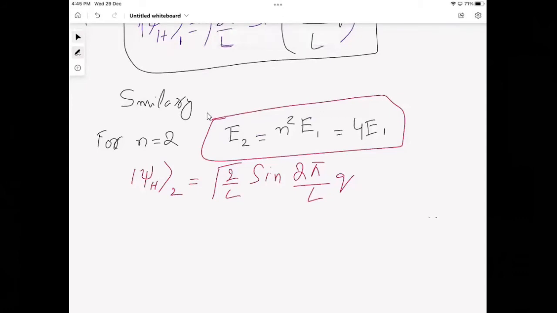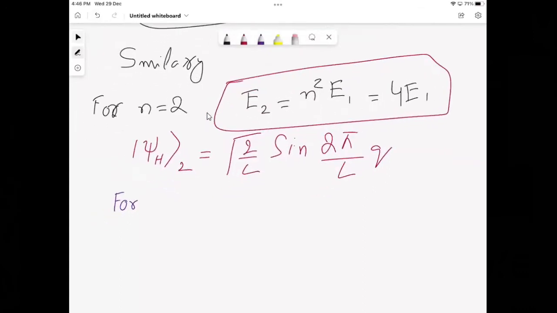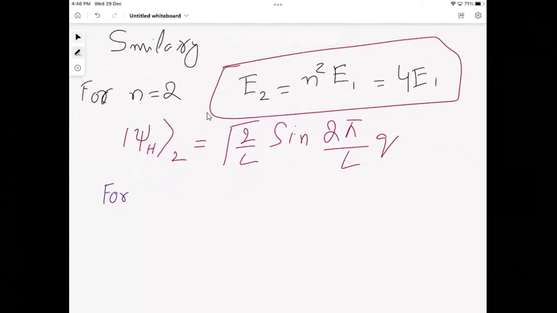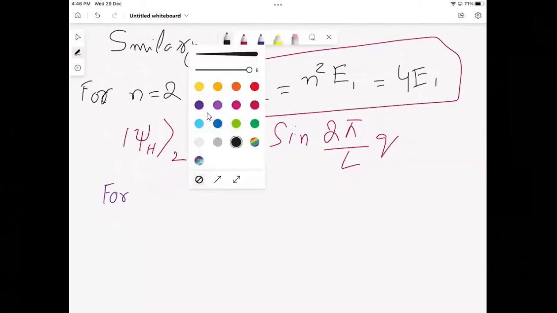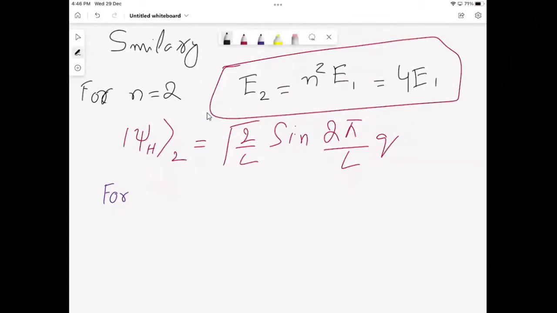For n equal to 3, what will be the value?